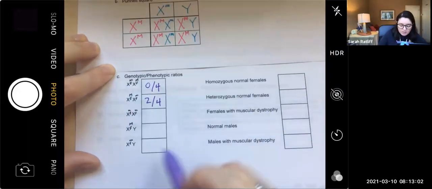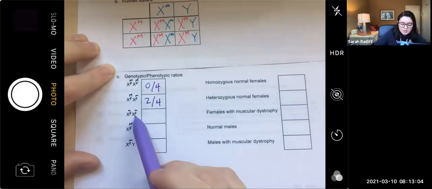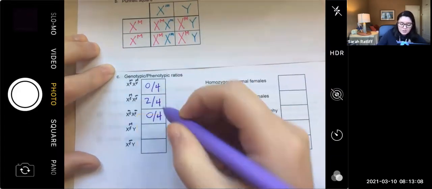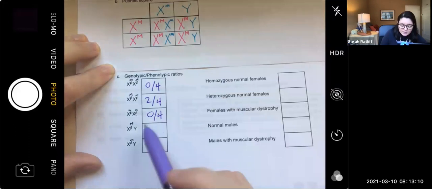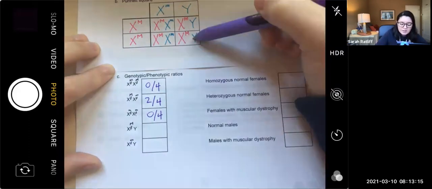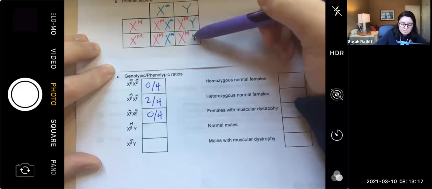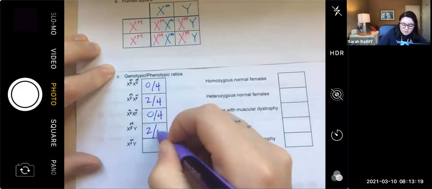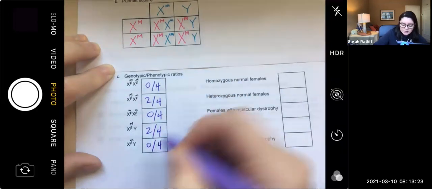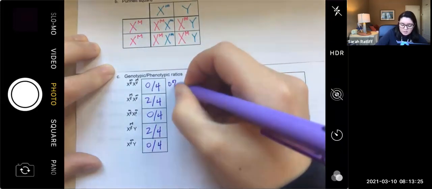All right, now our homozygous recessive females, we are out of females because they're both heterozygous. Next up, our males. Well, both of these males got capital M's from mom. So we got 2 of those, and we don't have any recessive males. We're out of males. So percentages.